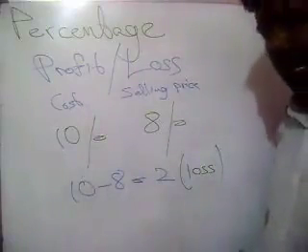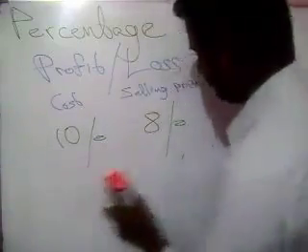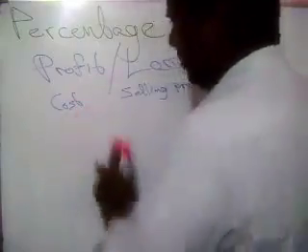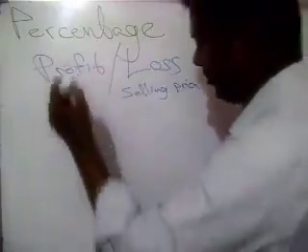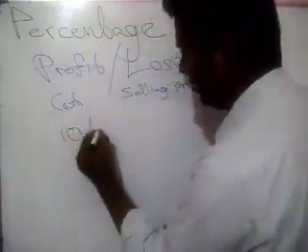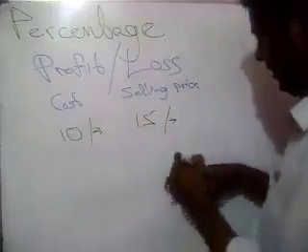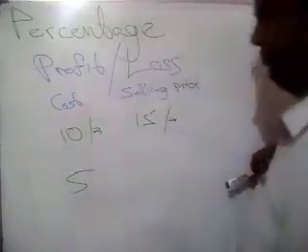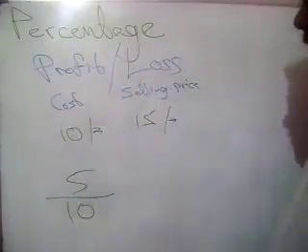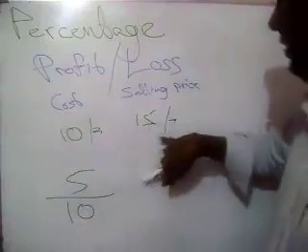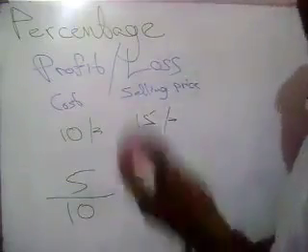So now let's get into the concept of percentage. Let's go back to the previous example. You buy something at 10 rupees, or you have a good which is 10 rupees and you sold it at 15 rupees, and the profit was 5 rupees. So now I want to calculate the percentage.